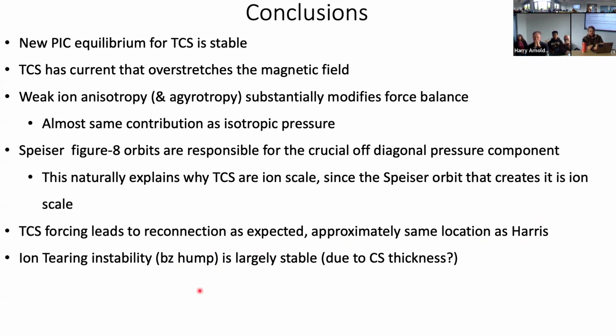There's never any reconnection in the thin current sheet, possibly due to the minimum current sheet thickness in these TCSs, but it's a bit of a puzzle. And really the takeaway here is that our thin current sheets in general seem to be more stable than isotropic Harris current sheets, which is a bit of a surprise.